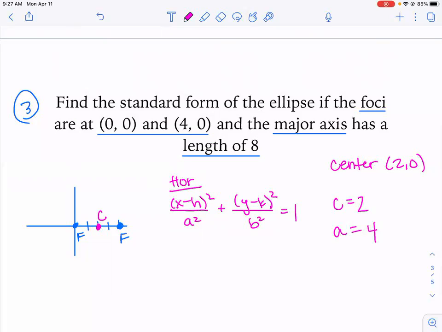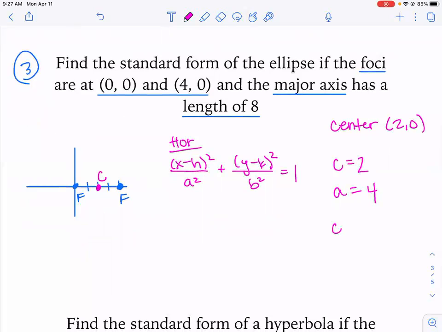Cool. Well, now we can use the fact that C squared is A squared minus B squared, and we can figure out our B squared. C squared is 4, A squared is 16. What does that make B squared?